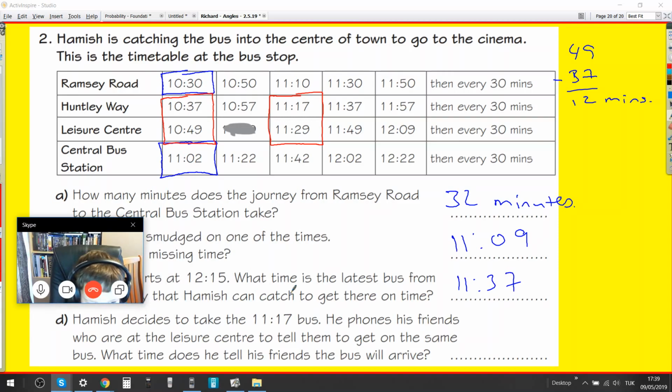He phones his friends who are at the leisure centre to tell them to get on the same bus. What time does he tell his friends the bus will arrive?